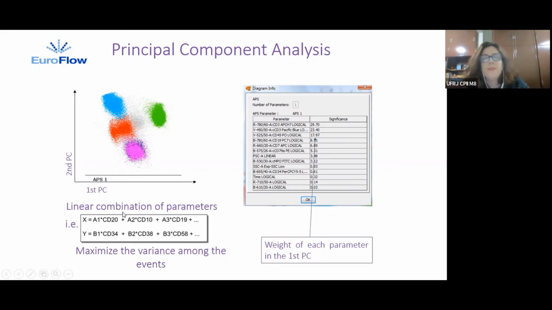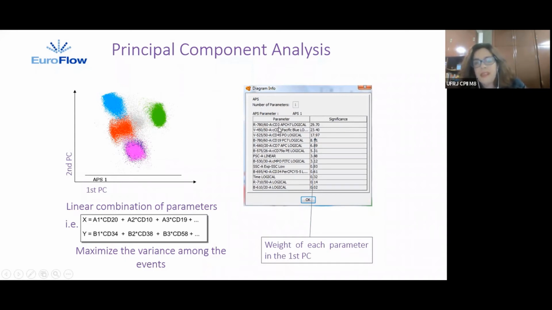Further, we can discover these weights if we right-click. The diagram info has these weights.